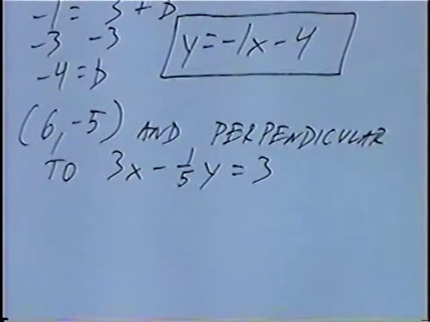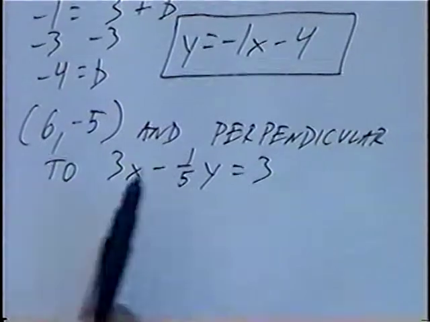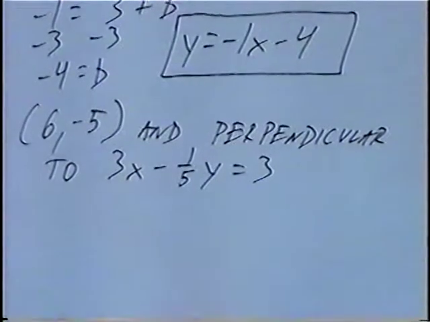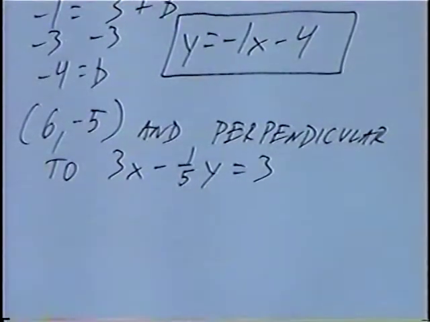So again, this time we want an equation that passes through this point and is perpendicular to the equation. This equation is not in y equals mx plus b or slope-intercept form.